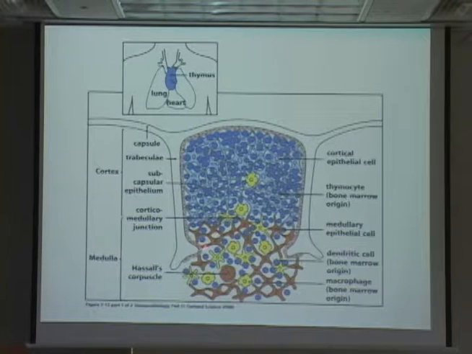Now, in terms of self-tolerance induction, where you remove cells with overt self-reactivity, it's important to mention that most of the self-peptides expressed on the MHC molecules in the cortex are ubiquitous self-peptides.